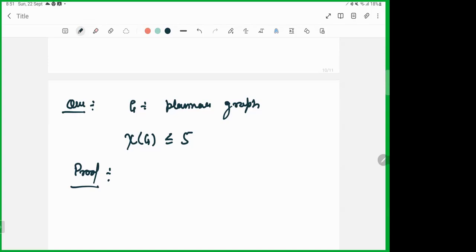You can distinctly color each of the vertices, which makes the graph properly colored. But you need at least 6 by that argument. Now, you have a vertex of degree at most 5. Other vertices can have larger degree as well. We are seeing at least this many colors, right?